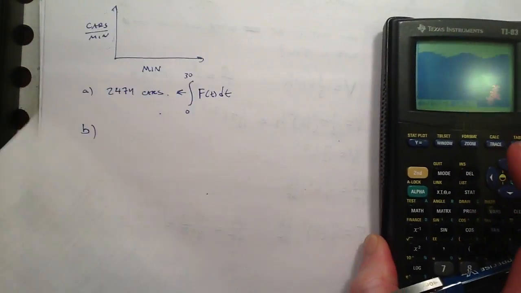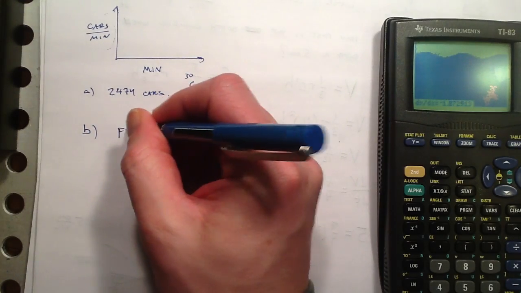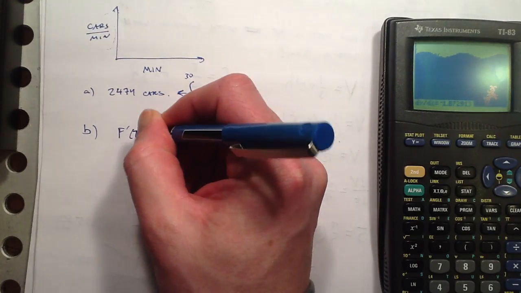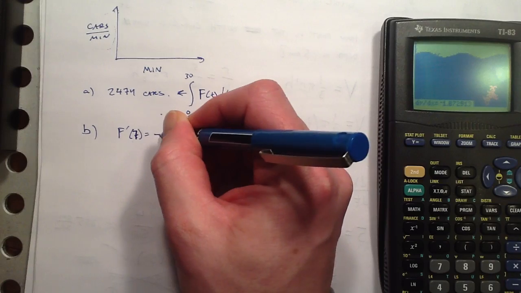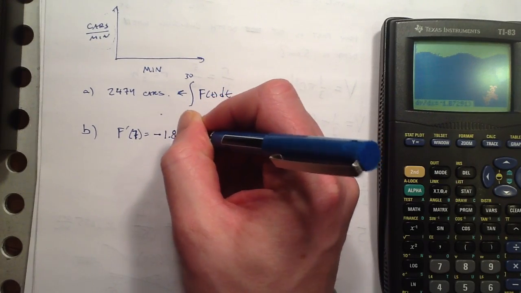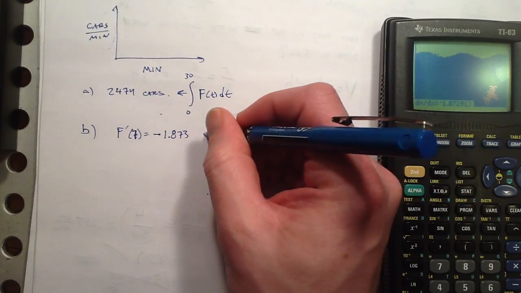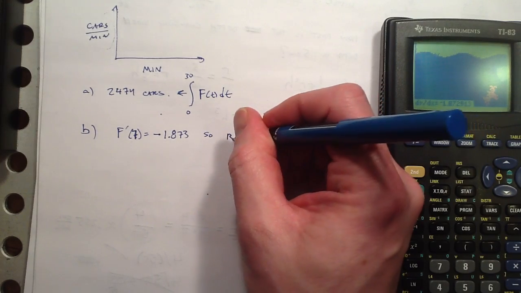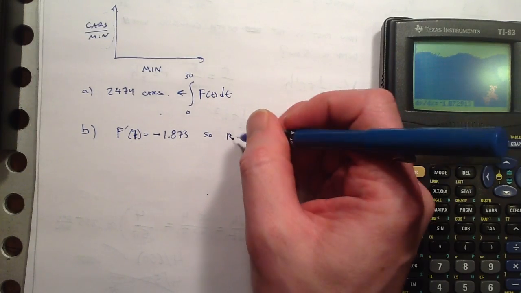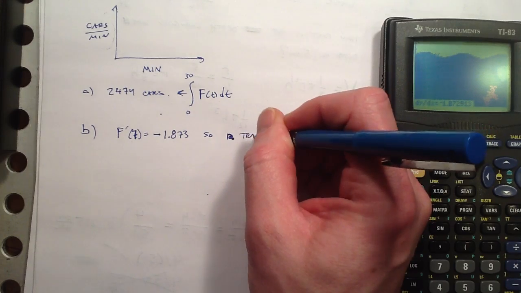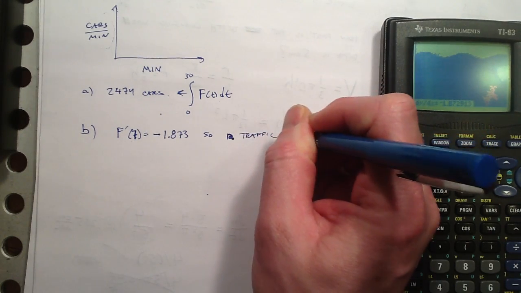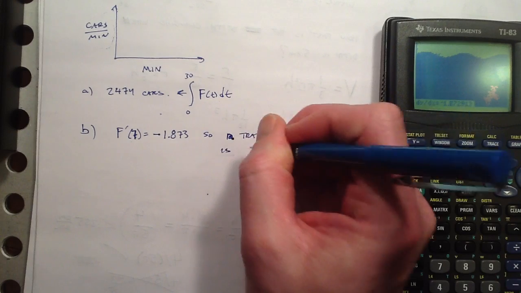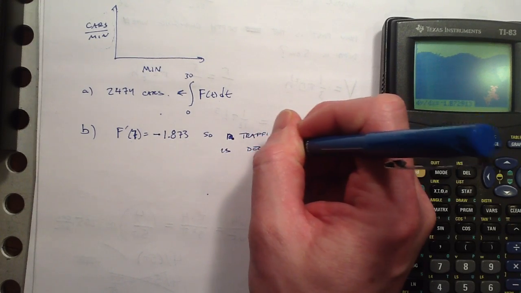So f prime of 7 is equal to negative 1.873. So traffic flow is decreasing.